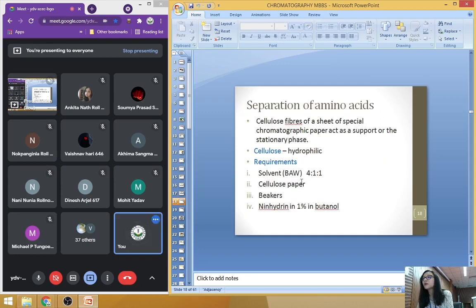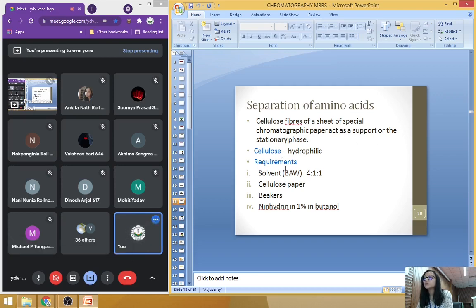For separation of amino acids by paper chromatography, we will require the cellulose fibers of this sheet of chromatographic paper. As I told you, this is the supporting media.